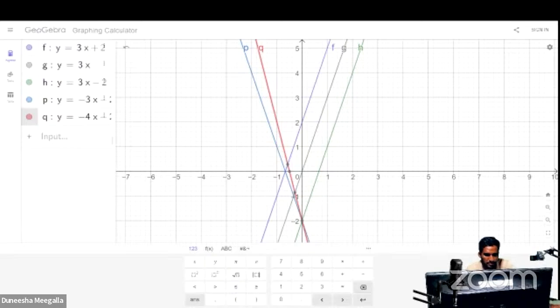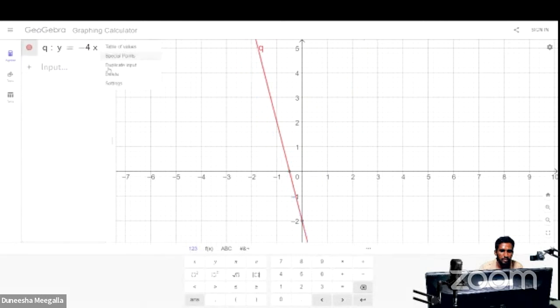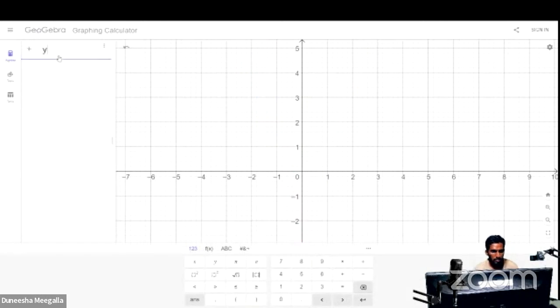I finish. Okay. Now we have to check another way of the graph. I will delete these graphs. Y equals 3x plus 2.